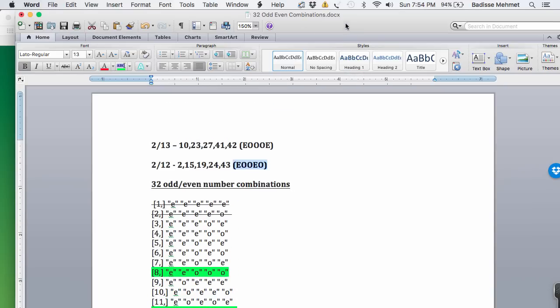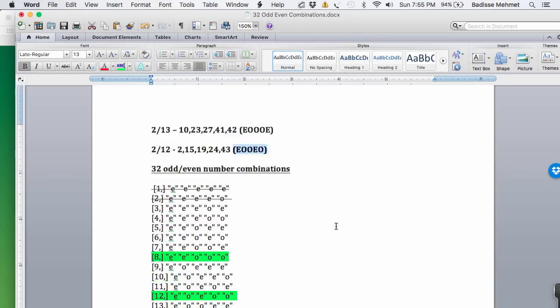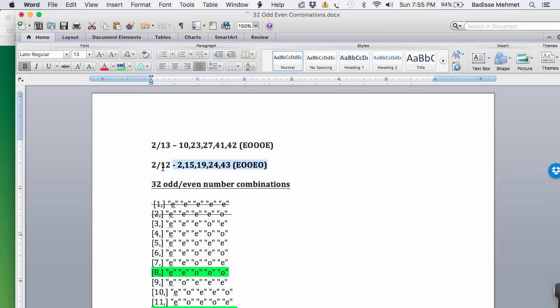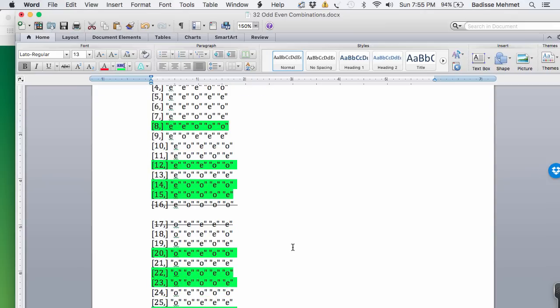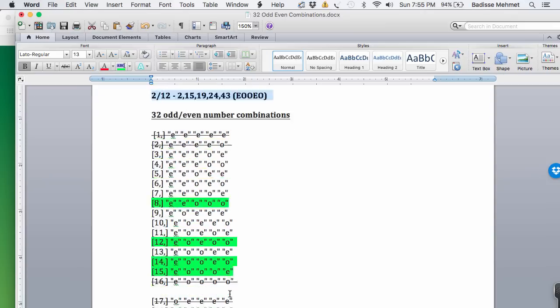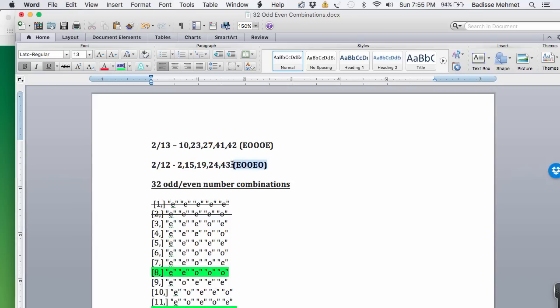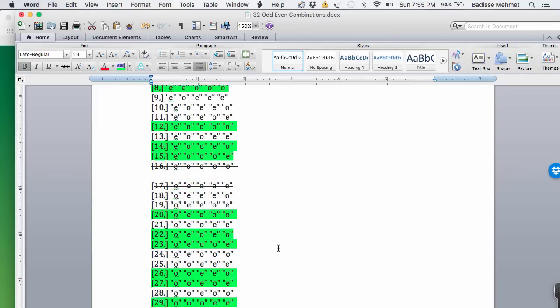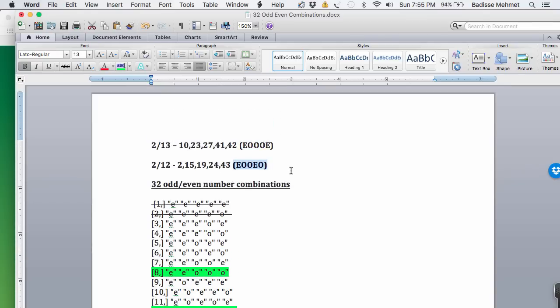This is important. You knew the day before, on February 12th, that if this pattern with 3 odds was going to repeat, one of these 10 was going to be the next winner.